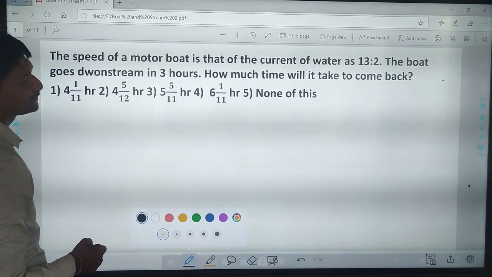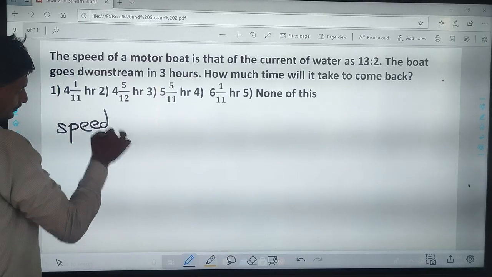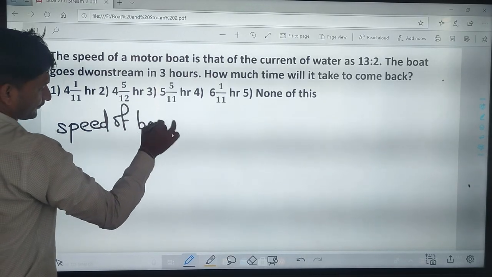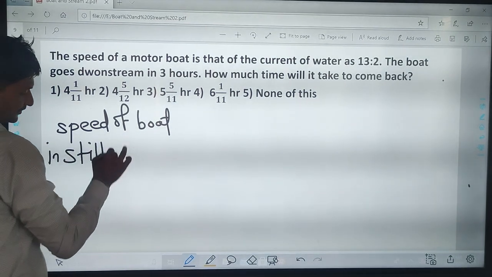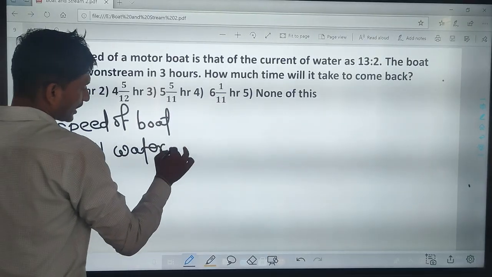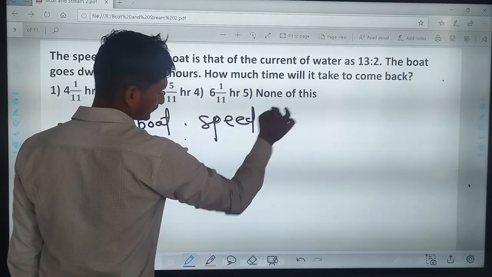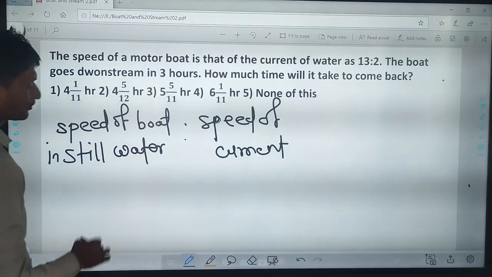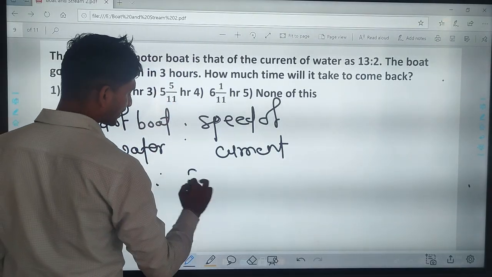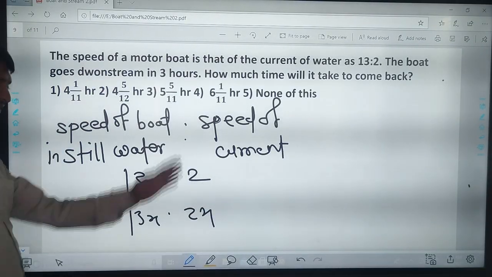Here the speed of the boat in still water is 13 and the speed of the current is 2, that is 13x and 2x.